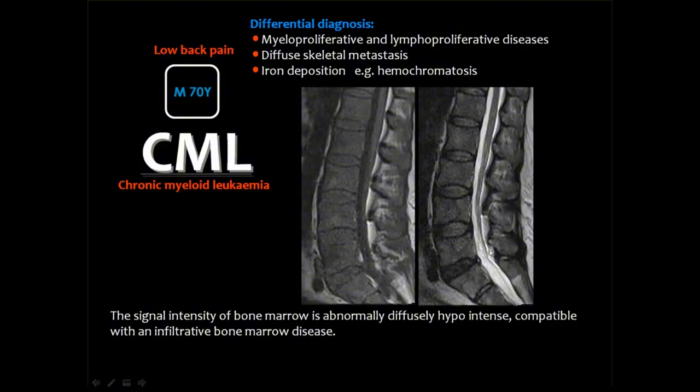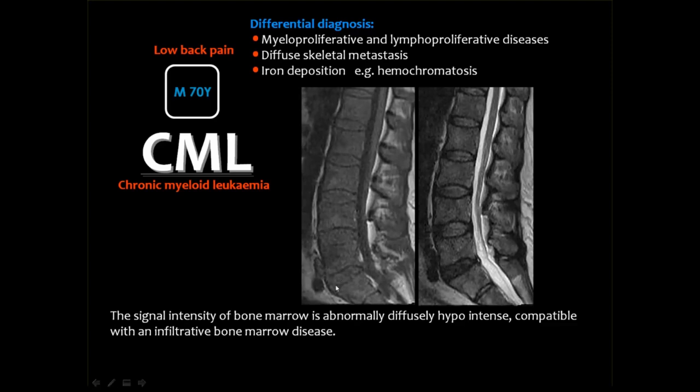Then, if you look here, you can see that there is significant decrease in the bone marrow signal in the T1 weighted image, with almost return to normal signal in the T2 weighted image. If you see this, don't rush to the diagnosis of bone marrow infiltration like leukemia or myelofibrosis or lymphoma or so.